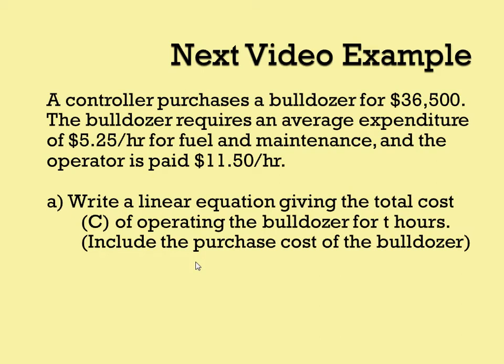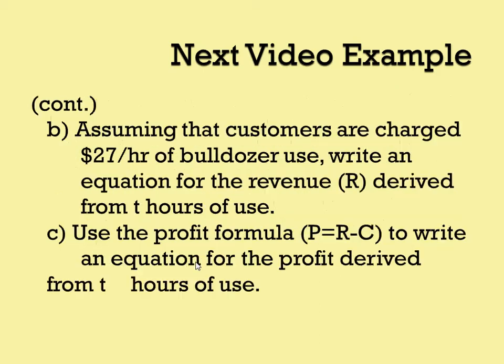So for him to use it, he pays $5.25 per hour, and then $11.50 per hour, but he earns $27 per hour as we're using it. So I guess we're looking at profit. So write an equation for the revenue.